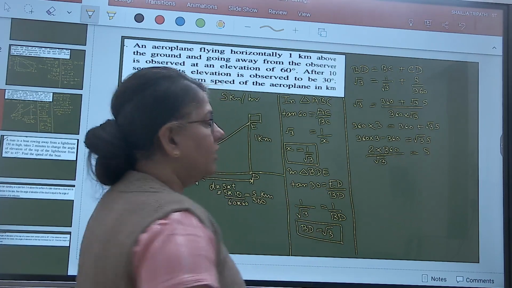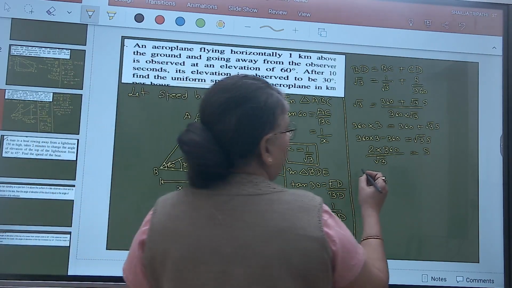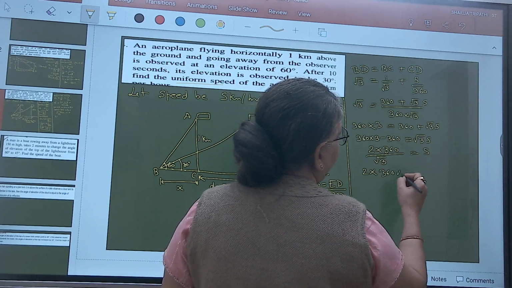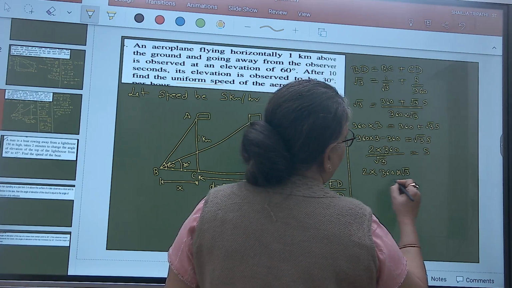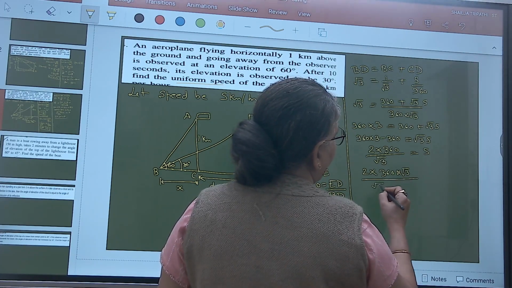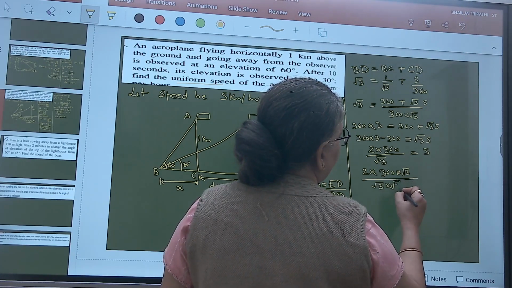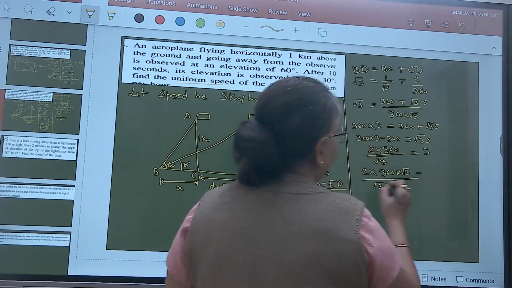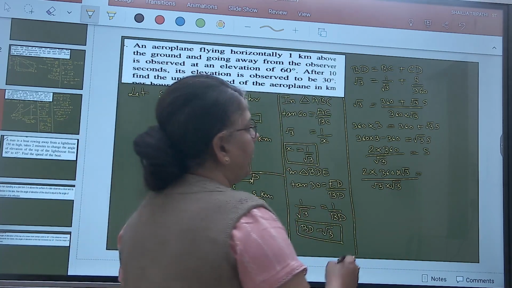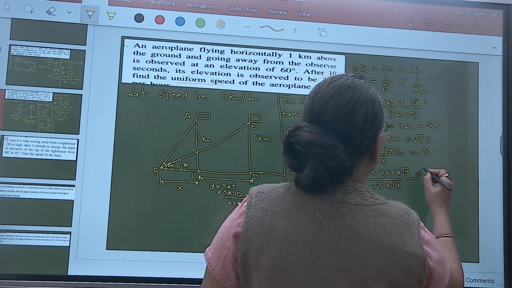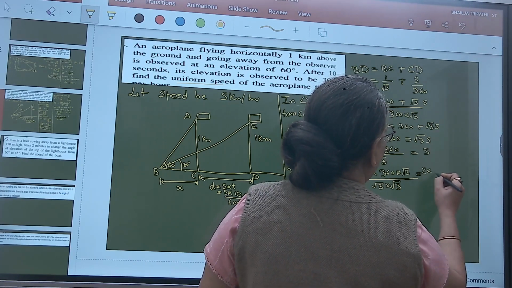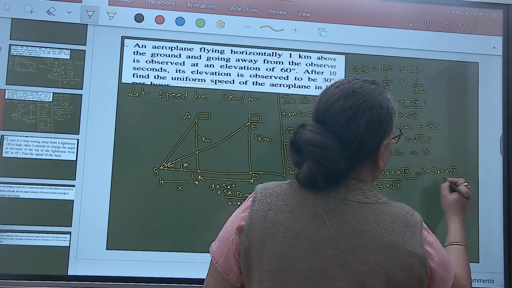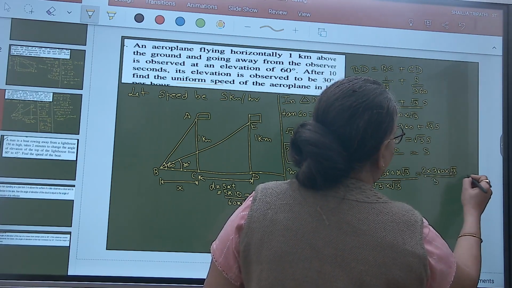Okay, again to the rationalization. So we get 2 into 360 into root 3 upon root 3 into root 3. So root 3 into root 3 is 3. So we can write 2 into 360 into root 3 upon 3 is equal to s.